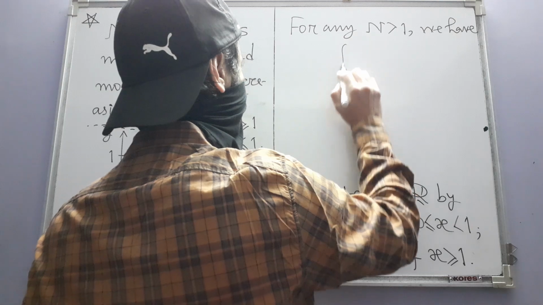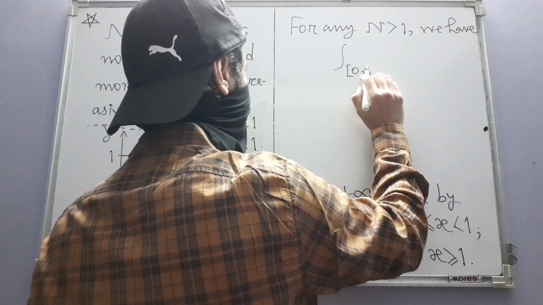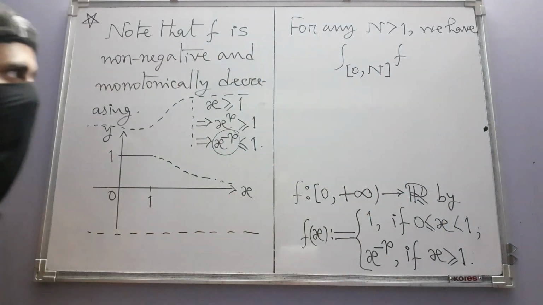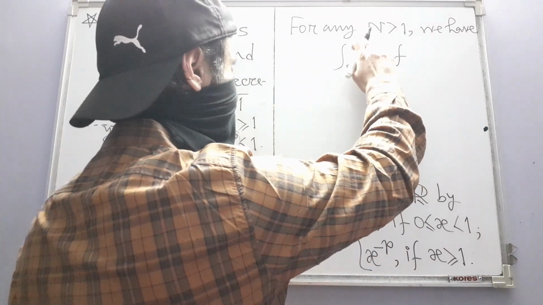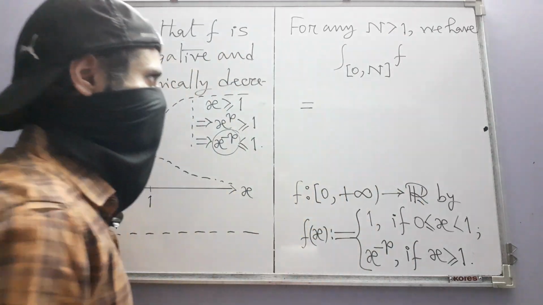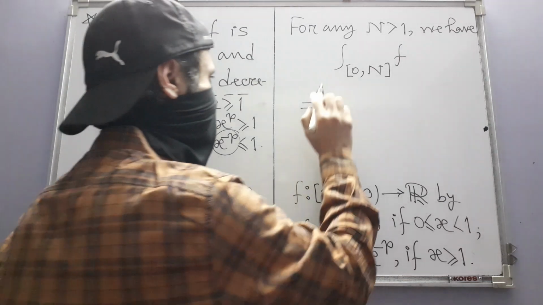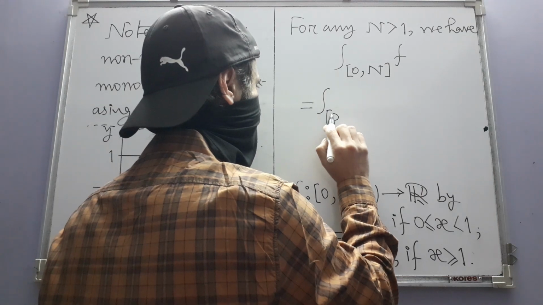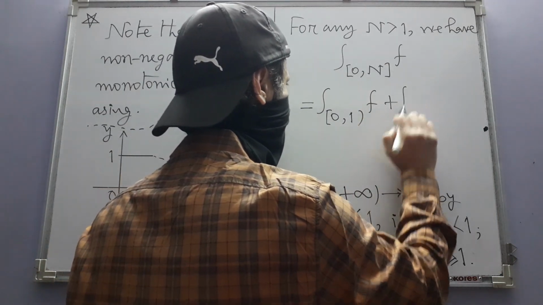So, the thing we are now going to calculate is this. Alright. Because I have chosen n to be greater than 1, using one of the properties of Riemann integrals, I can split the integral into two integrals like this.